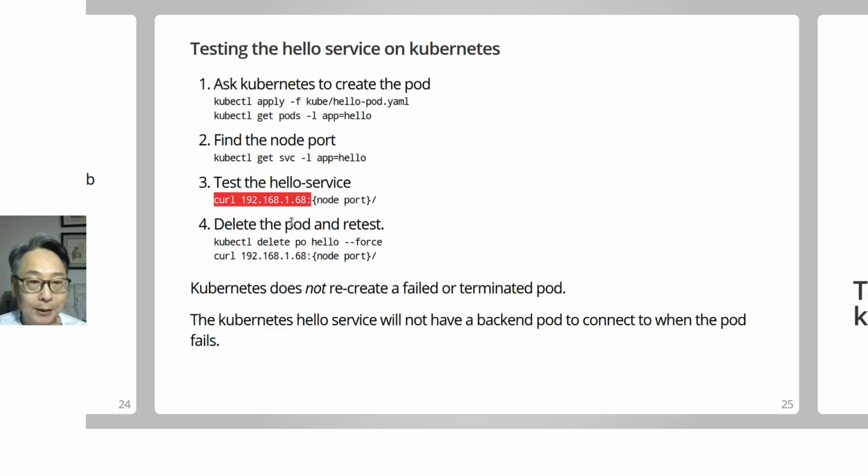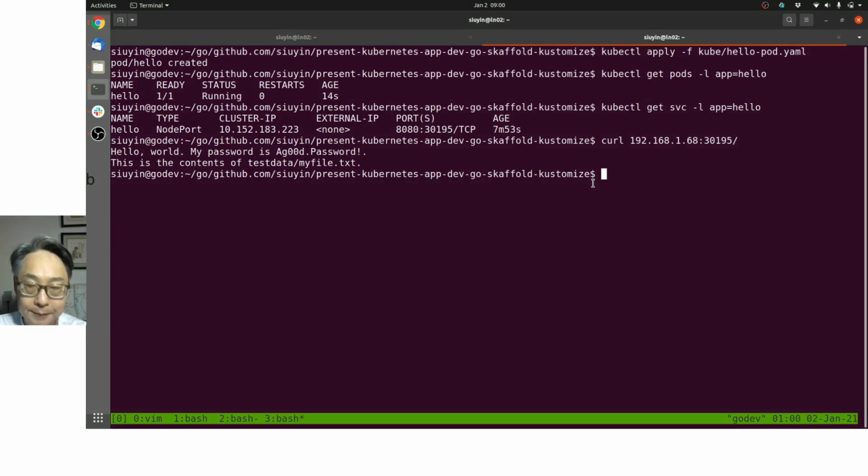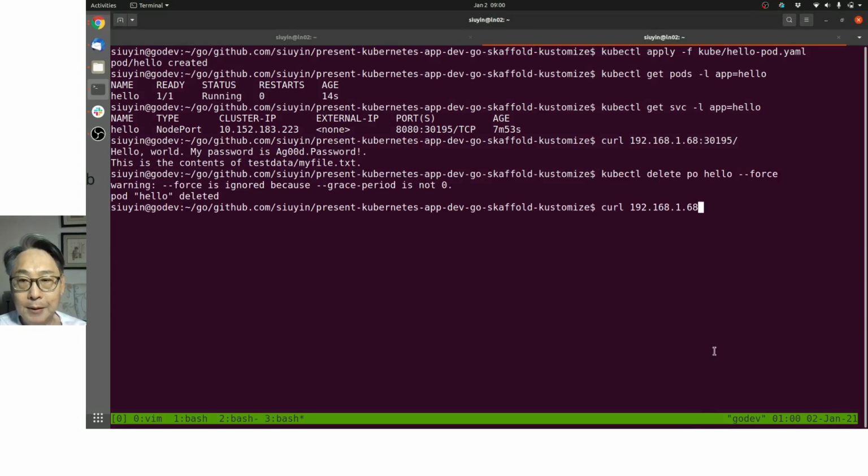Finally, to clean up, I can do this to save a bit of time. So it says that the pod has been deleted. Kubernetes tells me the pod has been deleted. So if I want to look at the service again, of course it won't work now.